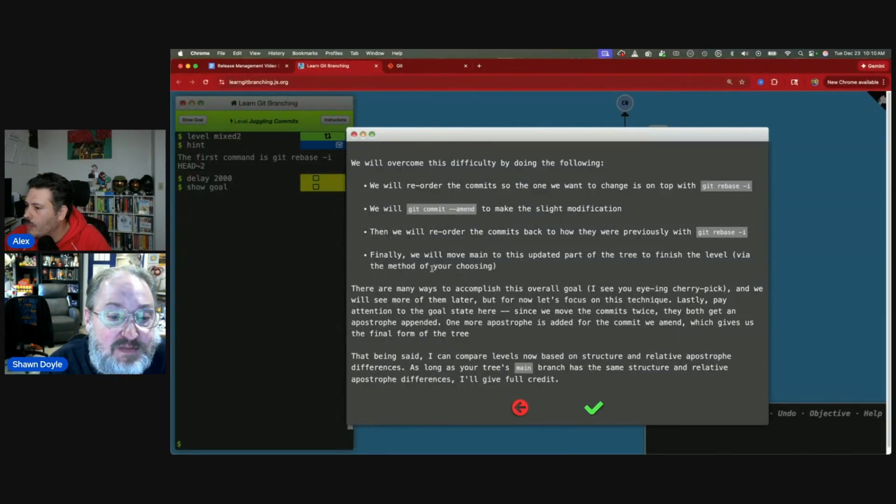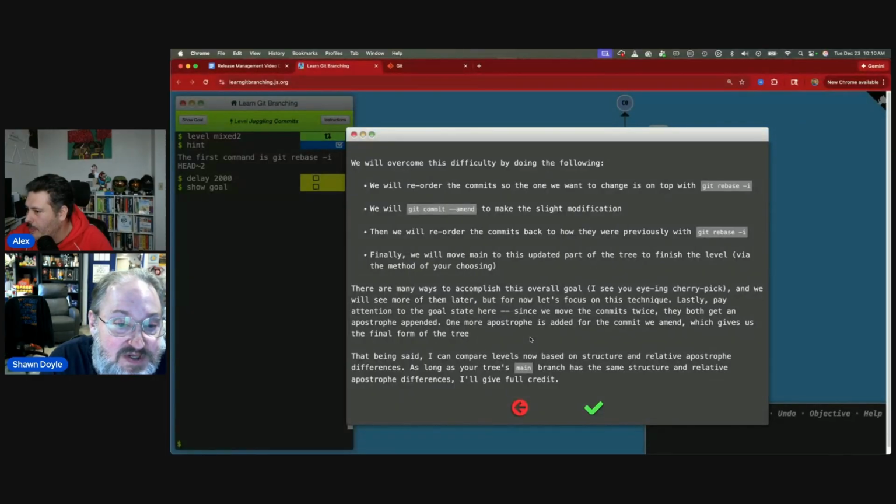Finally, we'll move main to this updated part of the tree to finish the level. There are many ways to accomplish this overall goal. Yeah, and it's blaming us for going right to cherry-pick, and we will see more of them later. But for now, let's focus on this technique, which is the rebase, commit, and then rebase again.